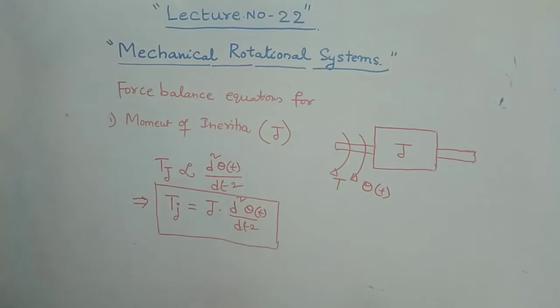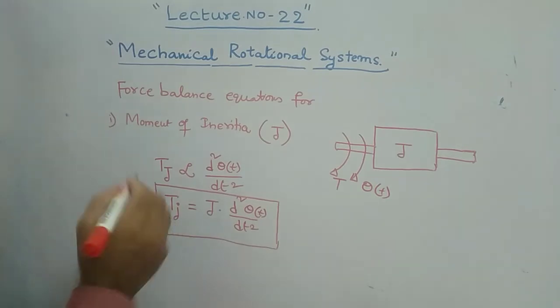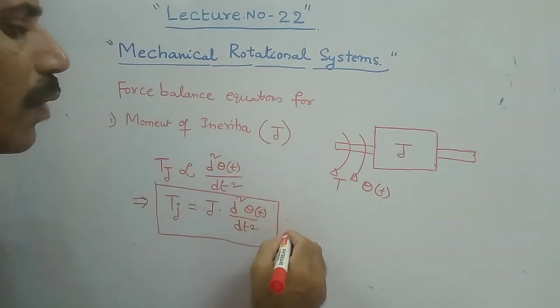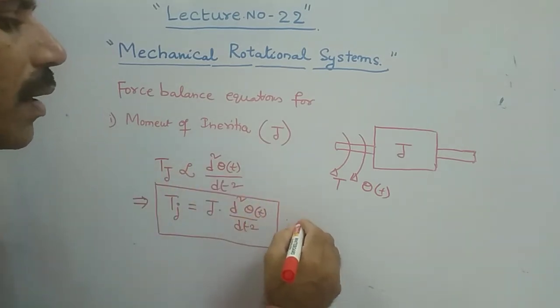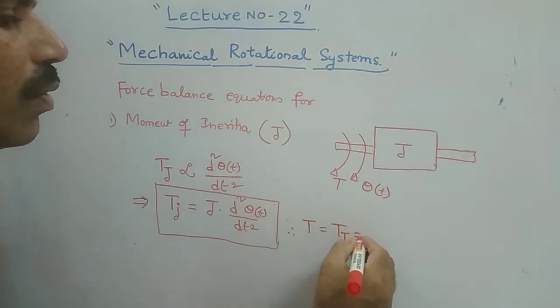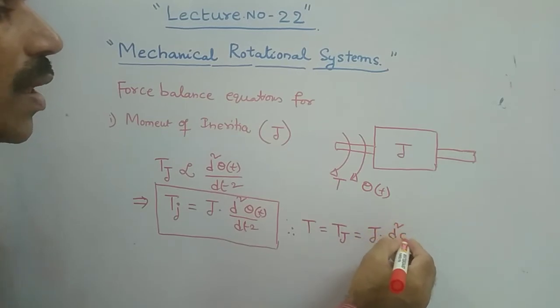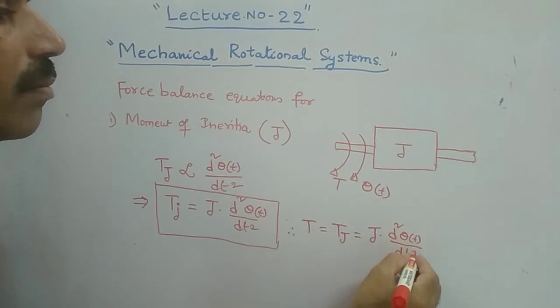Then obviously, according to Newton's second law, this T J is equal to your T. Therefore, you can write capital T is equal to T J is equal to capital J into d square theta of t by dt square.